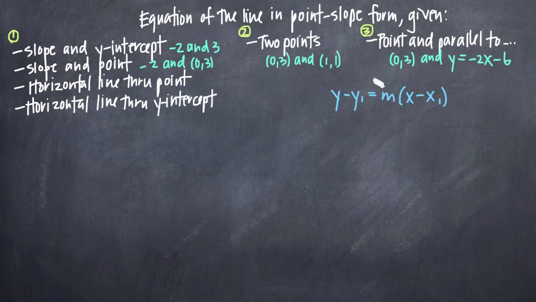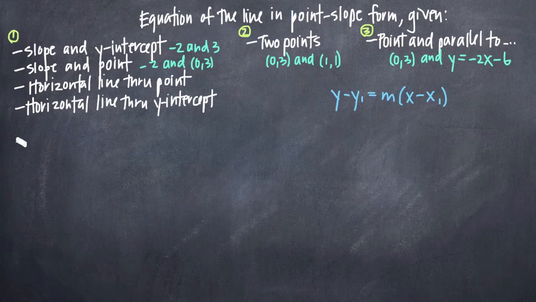So let's go ahead and look at how we could be given these different pieces of information and still get to the equation of the line in the same way. If we're given, for example, the pieces of information that the slope is -2 and the y-intercept is 3, we need to realize that the y-intercept being 3 means that we have the point (0, 3).